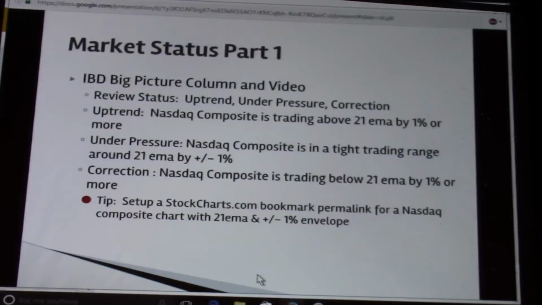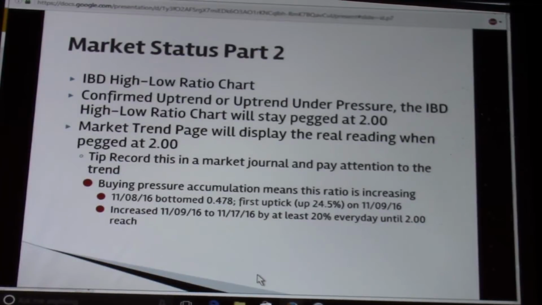It's plain and simple. If it's above that 1% window, we're in an uptrend. Guys, it's above the 1% envelope window, we're in an uptrend right now. Okay? Part 2 is the psychological tools on the high-low chart.